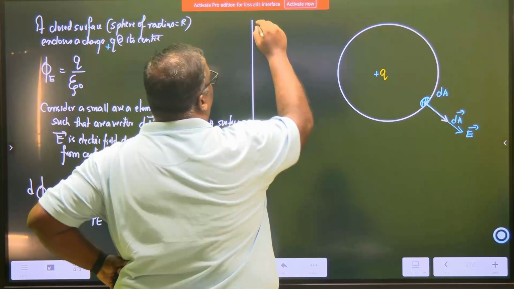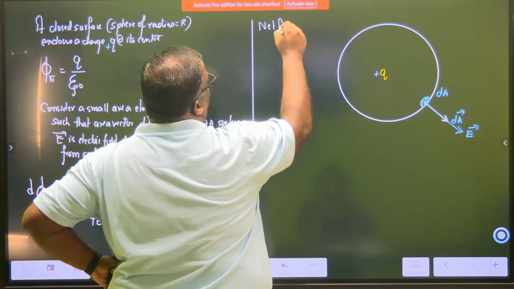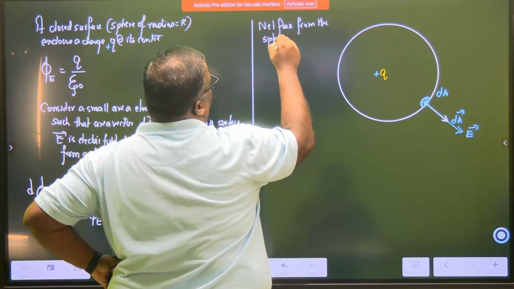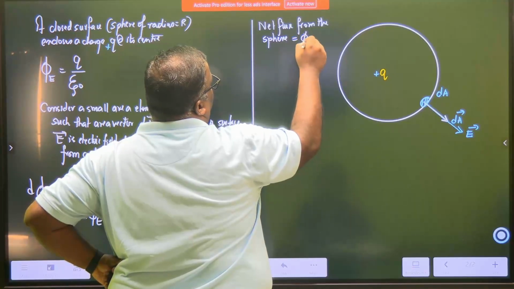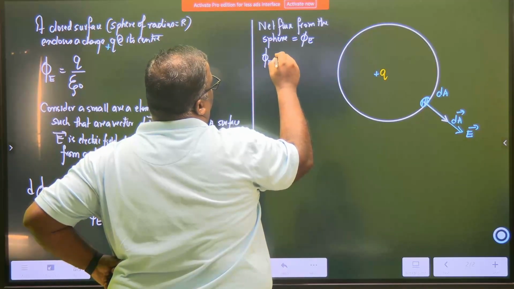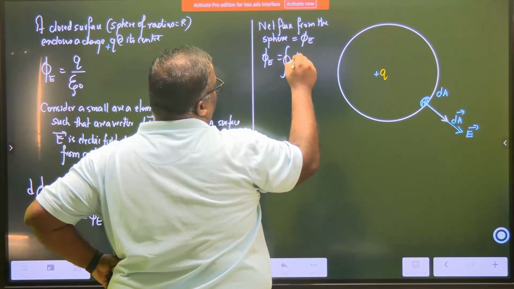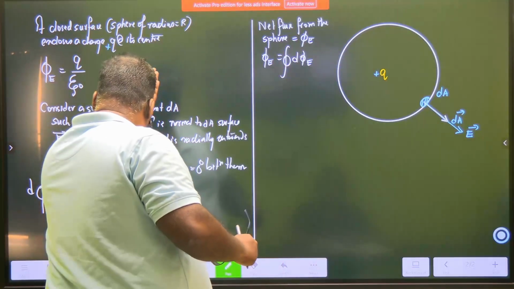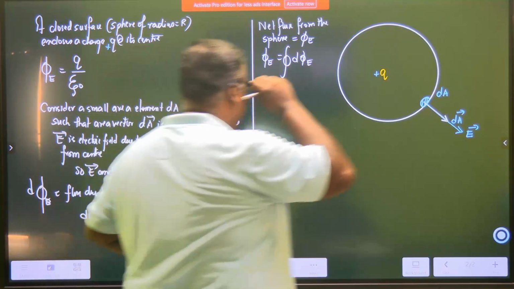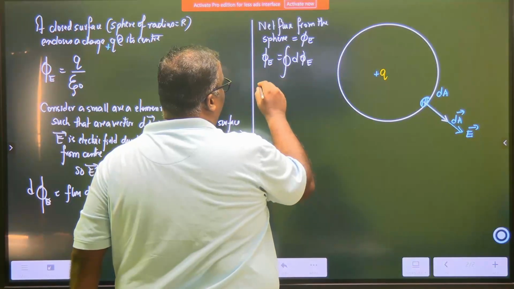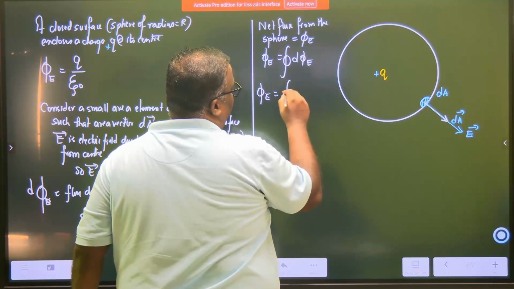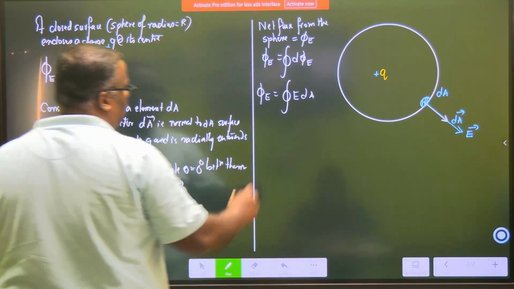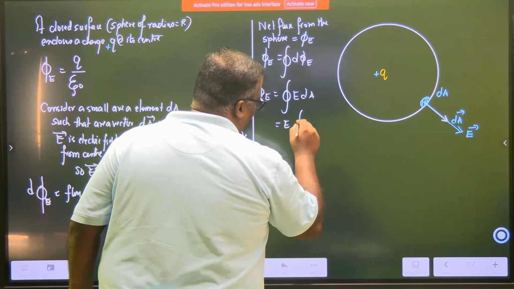We write net flux from the sphere is equal to phi e, and phi e will be integrating over the closed surface all small d phi e's. So what do we get? We get phi e as integral E dA, right? E being uniform can be taken out of the integral, leaving integral dA.